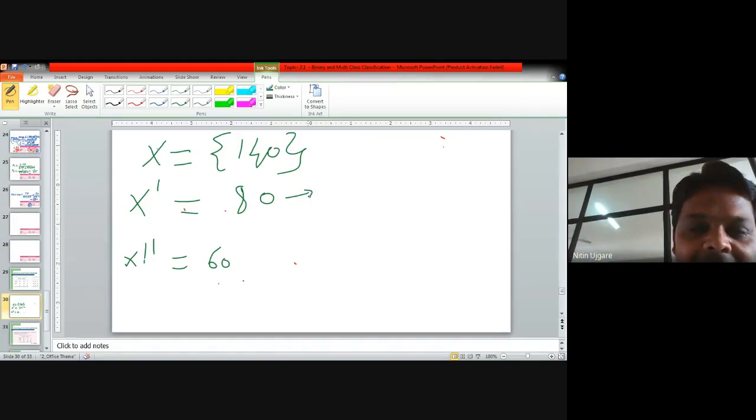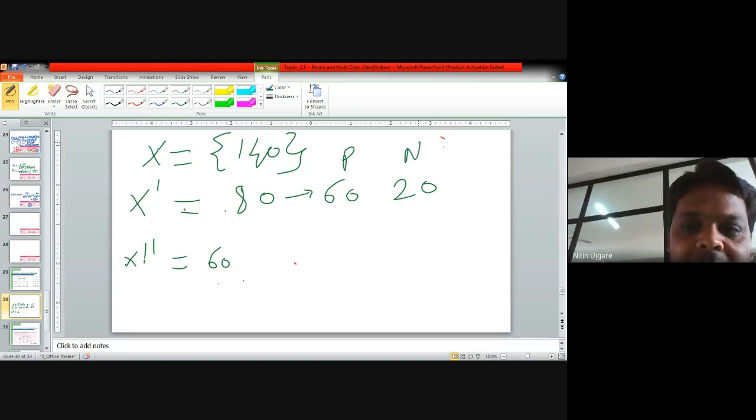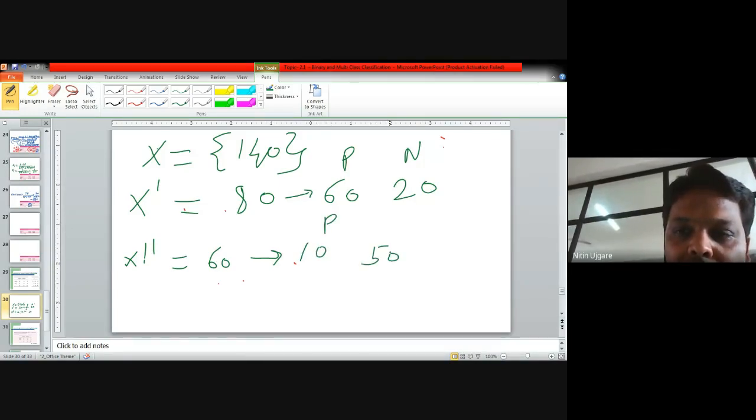Out of the 80 instances in the first subset, 60 belong to the positive class, and the remaining 20 belong to the negative class, or they are negative instances. In the second subset, out of these 60 instances, 10 belong to the positive class, and the remaining 50 belong to the negative class. Now in minority class classification, we use the minority approach.